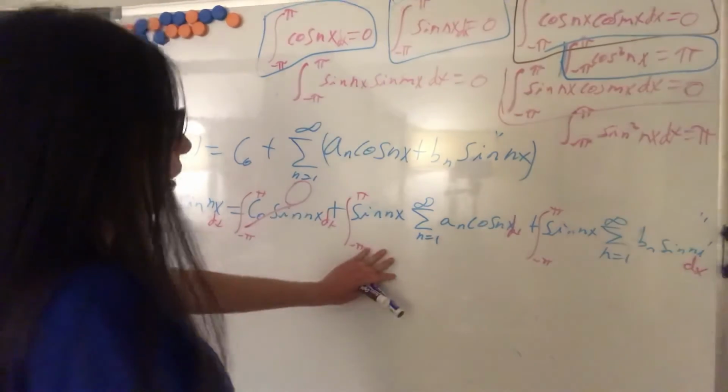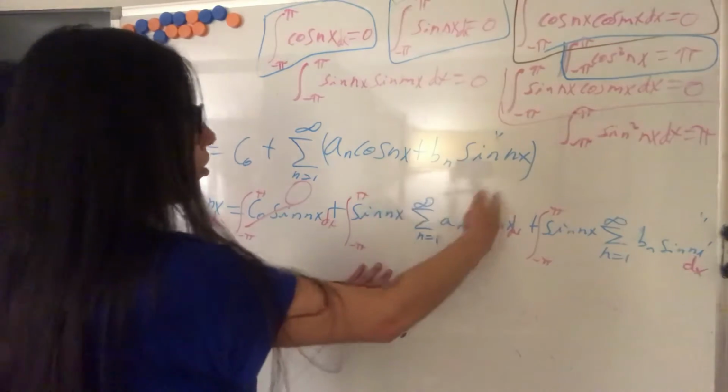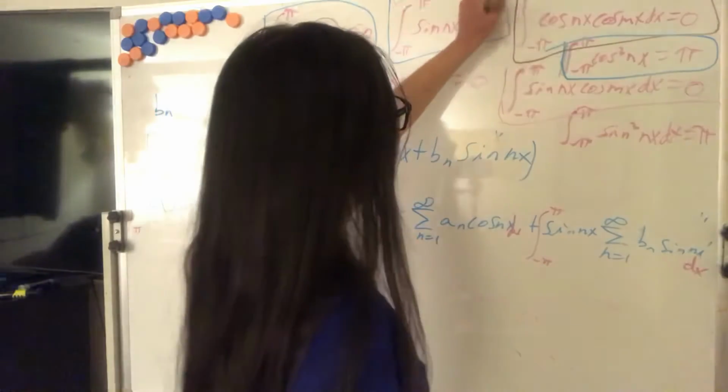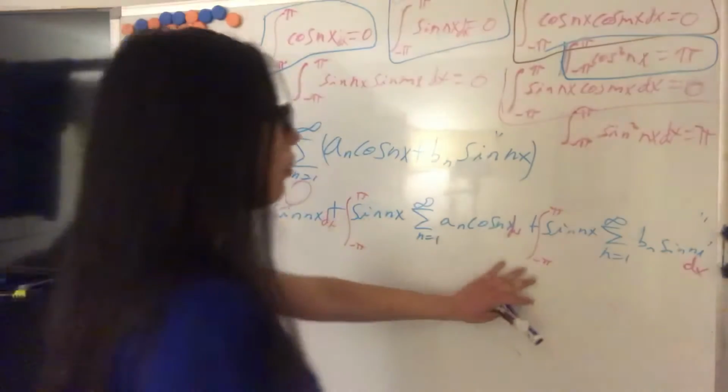Here we have cosine of x sine of nx, cosine of 2x sine of nx, whatever of these terms goes to 0, times the constant, whatever it will be, 0.